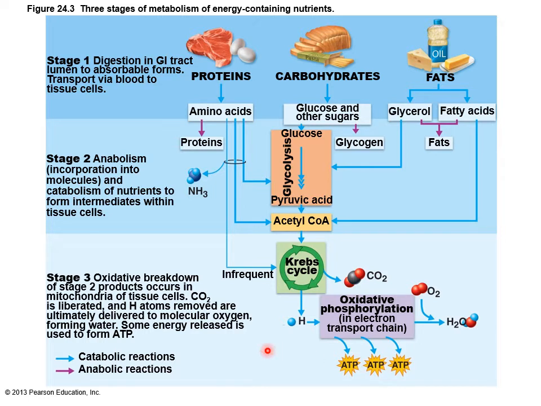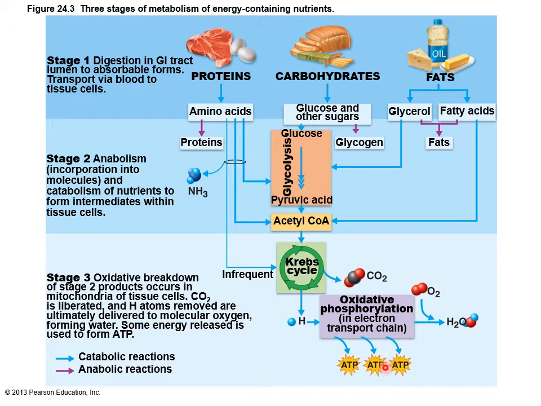So oxidative breakdown occurs in the mitochondria. So these 2 processes occur in the mitochondria. Remember that. And your products of this process, by breaking down the glucose, are going to be carbon dioxide, water, and a lot of ATP.